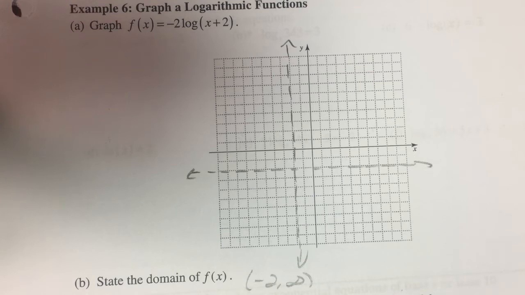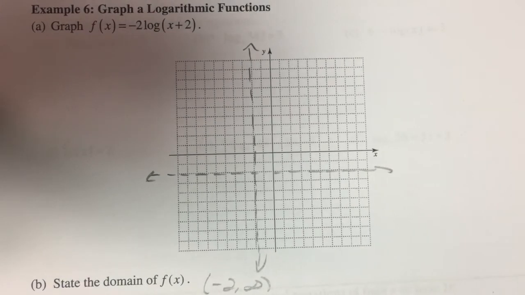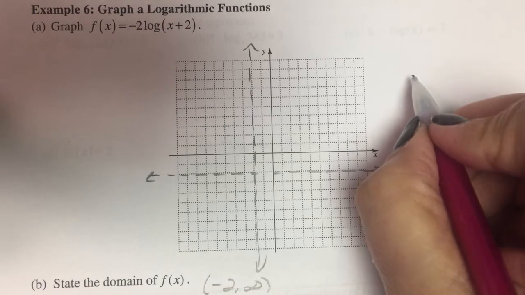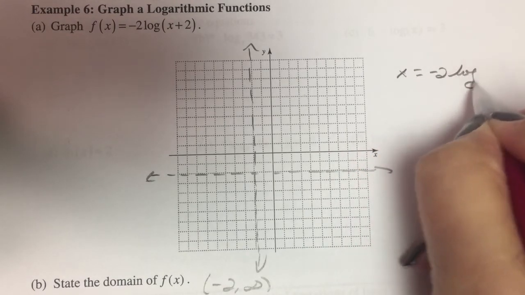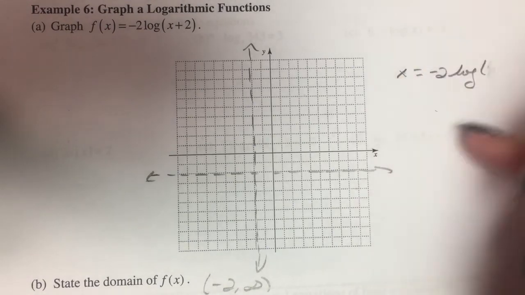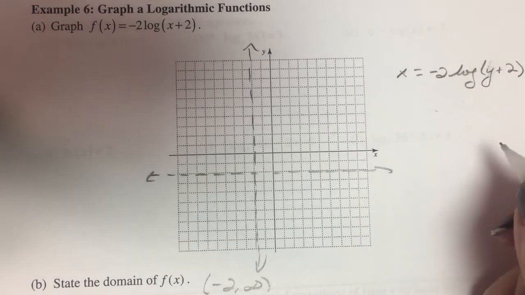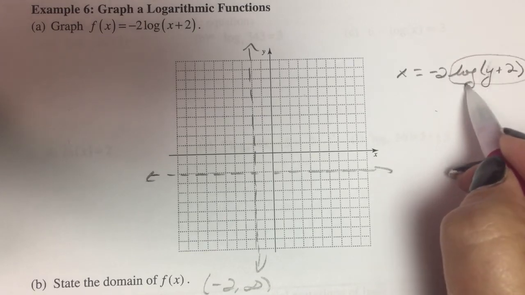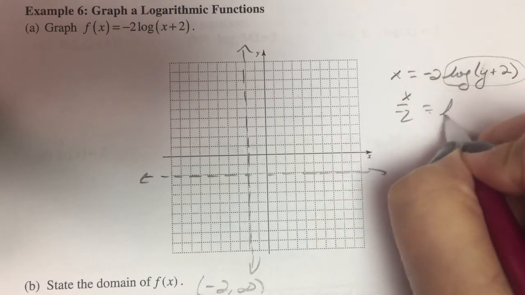Okay, so why don't we go ahead? I am going to find the inverse first. So again, if I take this function and flip the x and the y, it's going to be x is equal to negative 2 log of y plus 2. So now before I change it to an exponential, I have to get this alone. So I'm going to divide by negative 2.